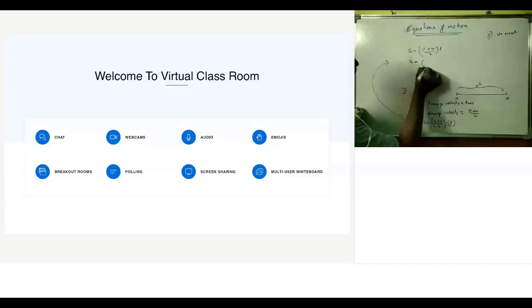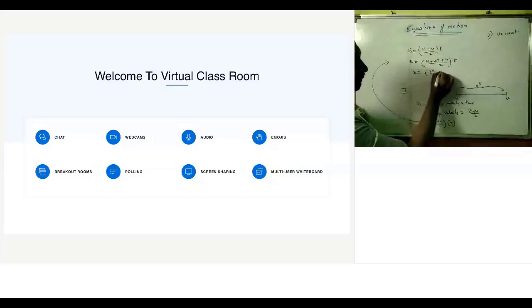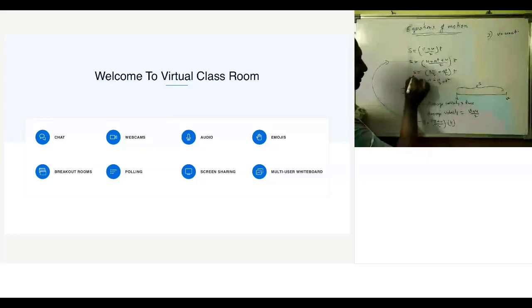So can I say s equal to ((u plus at) plus u) by 2 into t, or I can write s equal to (2u by 2 plus at by 2) into t. The 2 cancels, so u into t, ut plus half at square. So this is the second equation of motion. You can take it down.